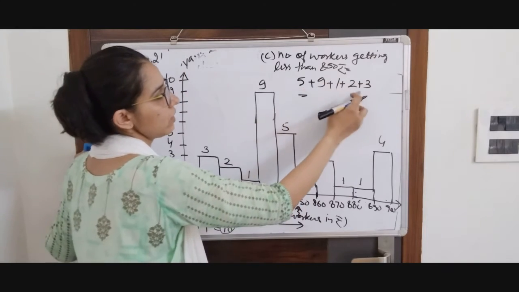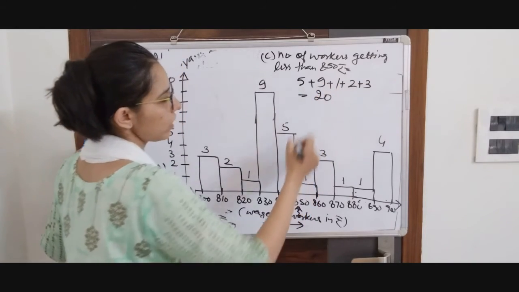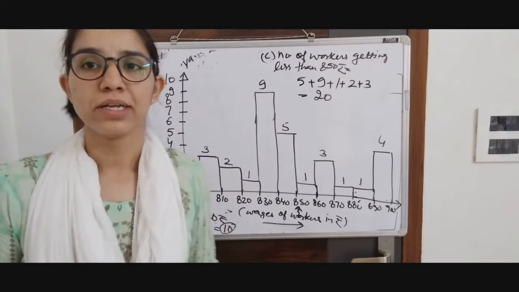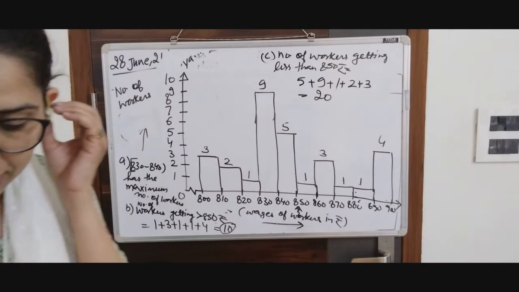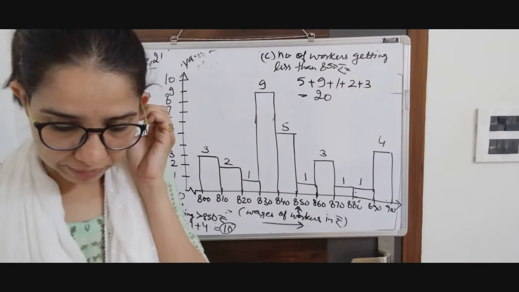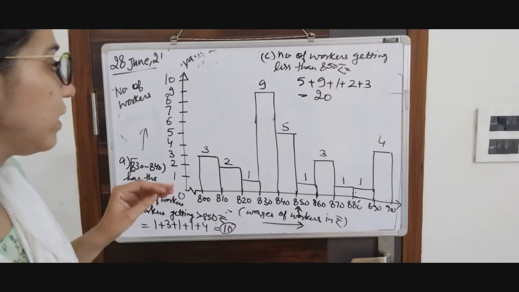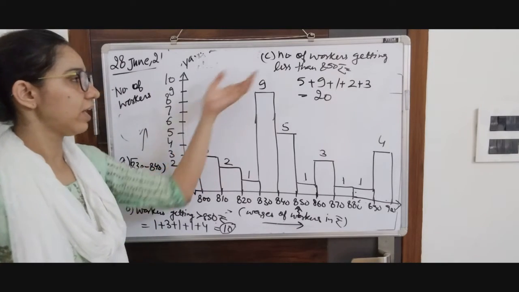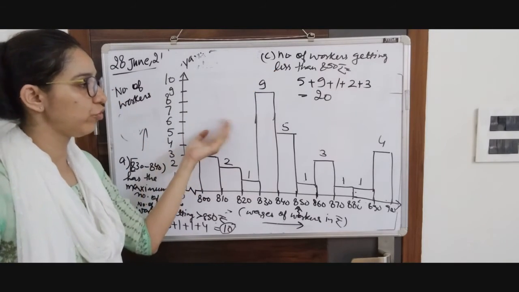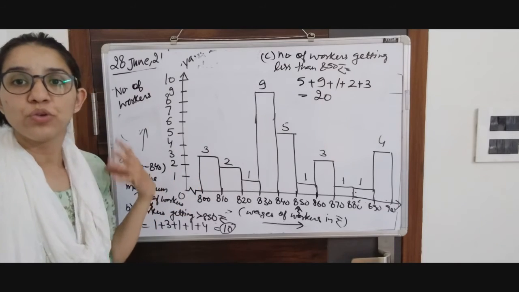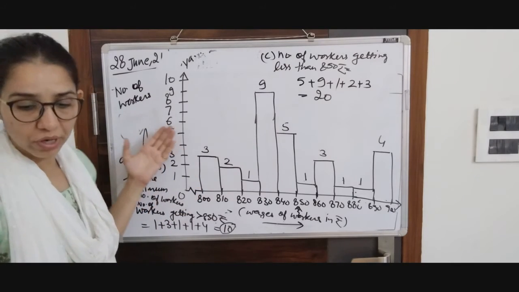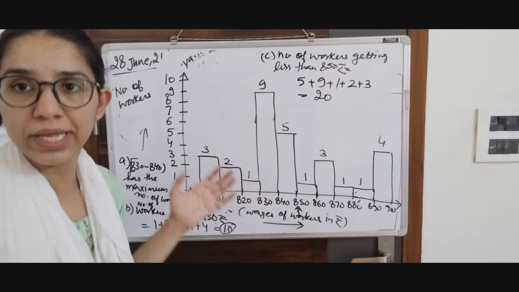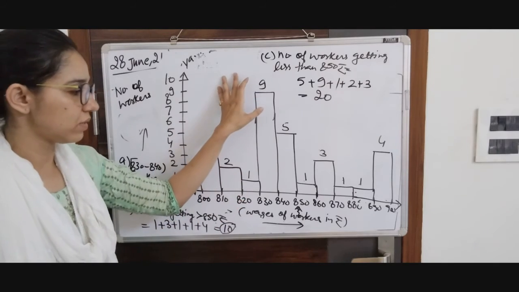10, 15 and 20. So 20 workers are getting wage less than rupees 850. You can answer these questions from your histogram also, and you can use that table we drew for our earlier question number 3 to answer these.